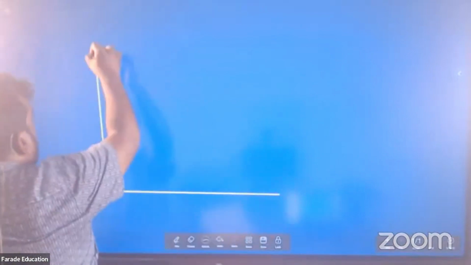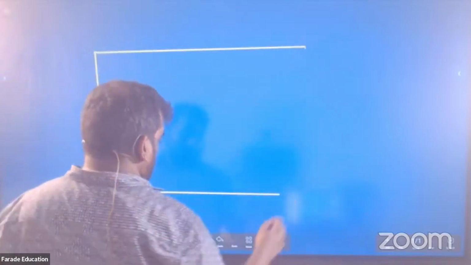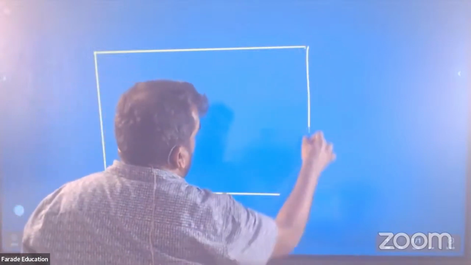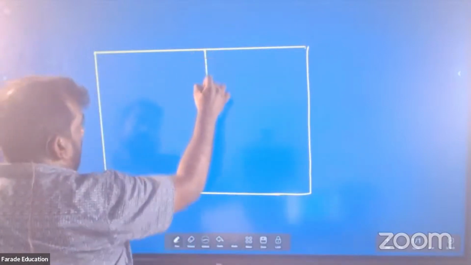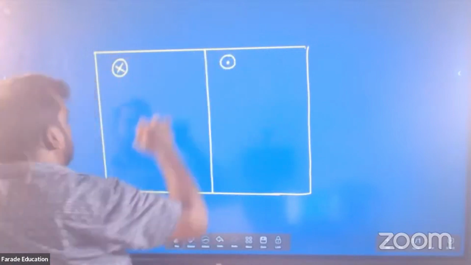Right. Here you go. Here, inwards, outward.